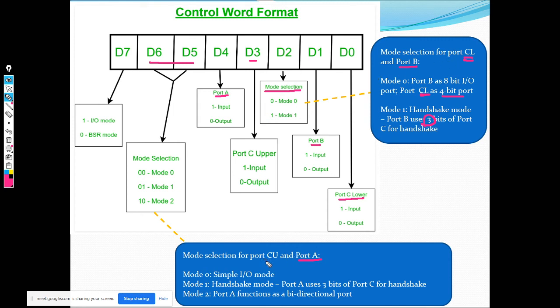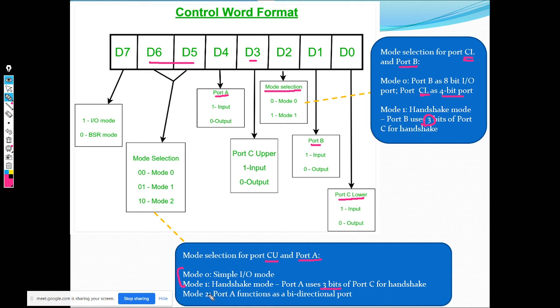And here it's going to be mode selection for CU, your port C upper, and port A. Mode 0 and mode 1 are similar to what we have seen here. It's going to be a simple IO mode, or a handshake mode where port A will use 3 bits from port C for handshake. And there is also one additional mode.